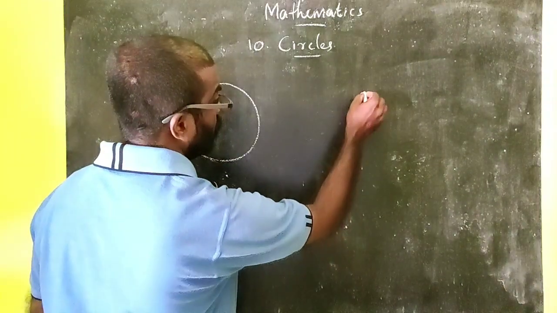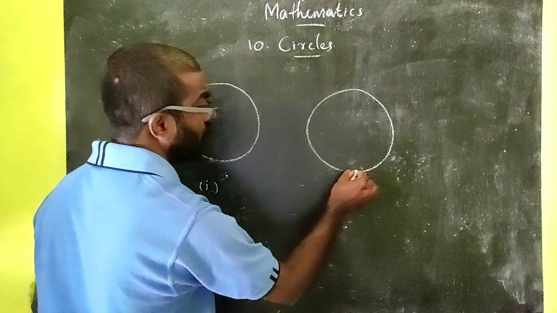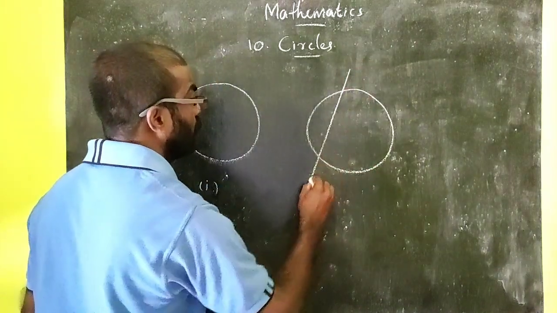And the second situation is, a circle and we can draw the line like this.